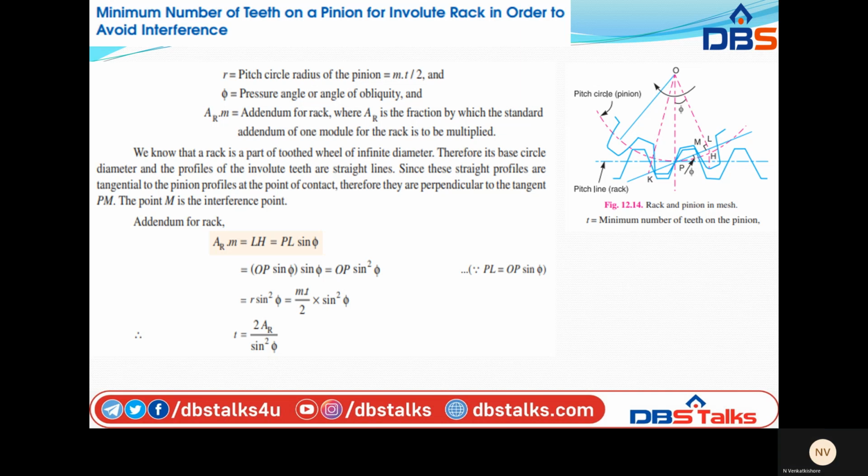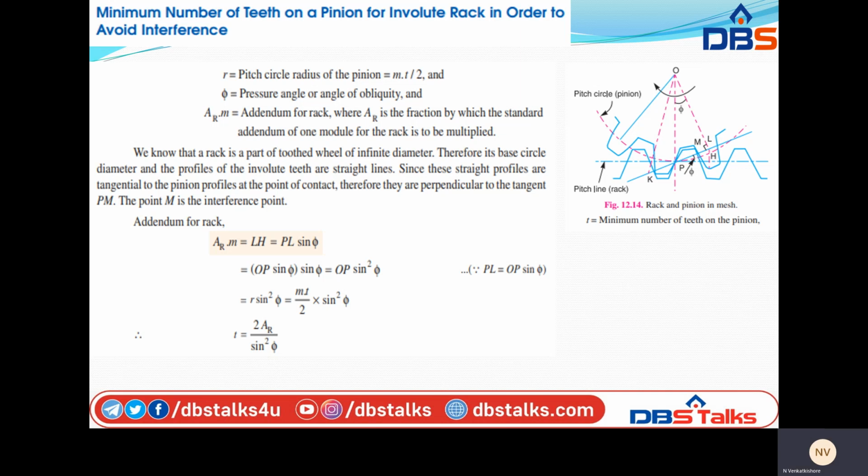Now coming to the next topic, minimum number of teeth on the pinion for an involute rack in order to avoid interference.